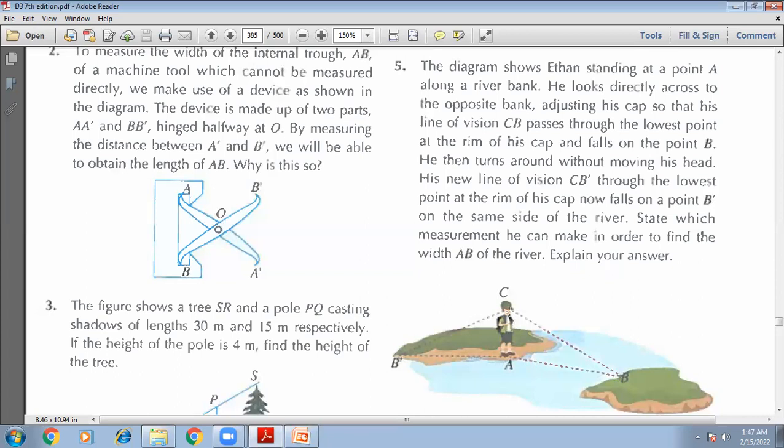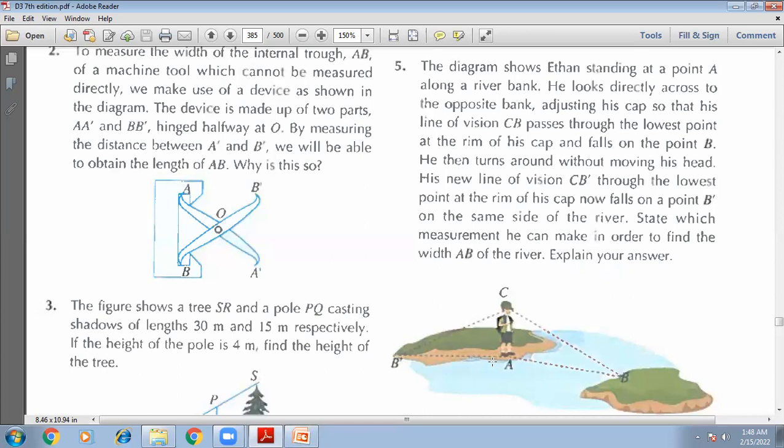Then without moving his head, he looks on the dry land, and whatever point on the dry ground coincides with his rim when he sees through, he measures the length from where he's standing to that point. Whatever that length is, that will be the width of the river. And we have to prove which length he has to measure.